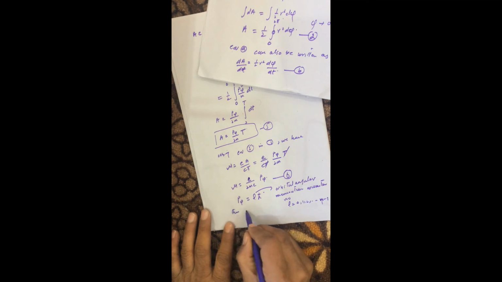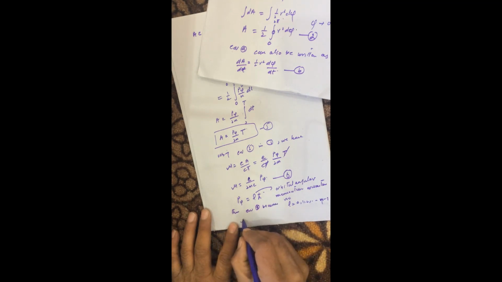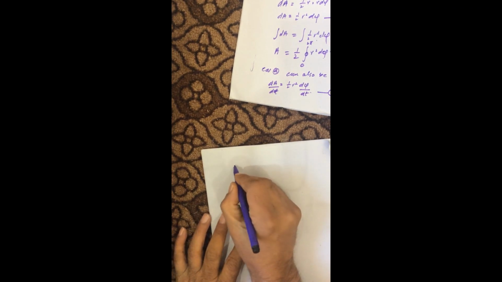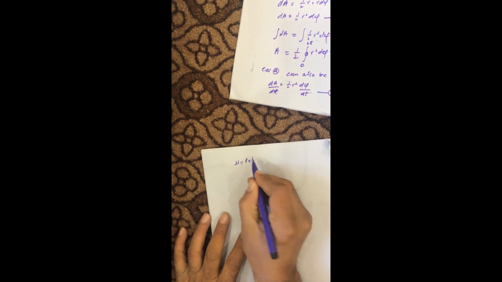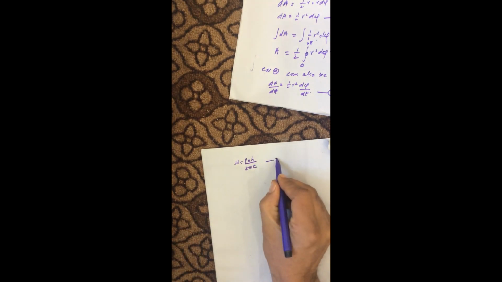Then equation 6 becomes mu is equal to E L h bar over 2mc. I can write it in a more compact form like this: mu is equal to L E h bar over 2mc. I call it equation number 7.